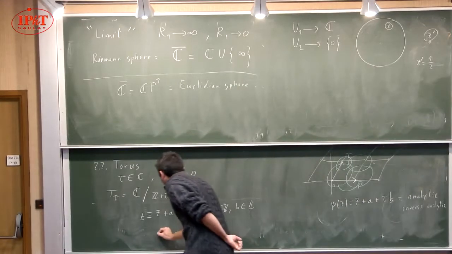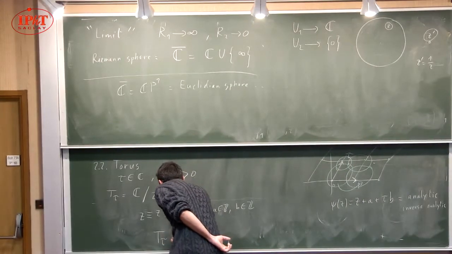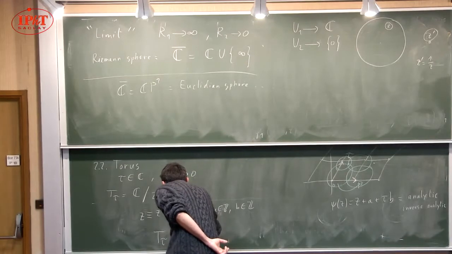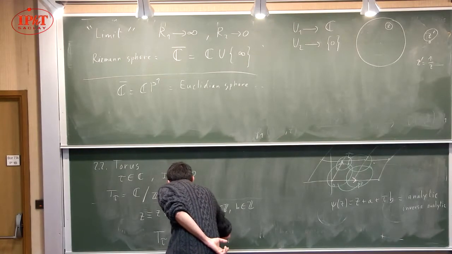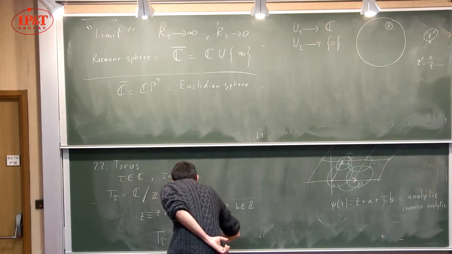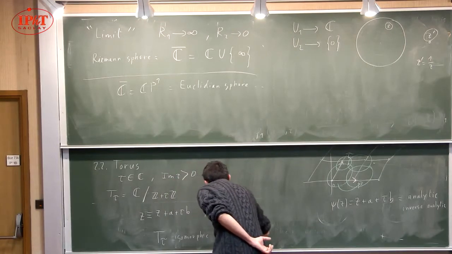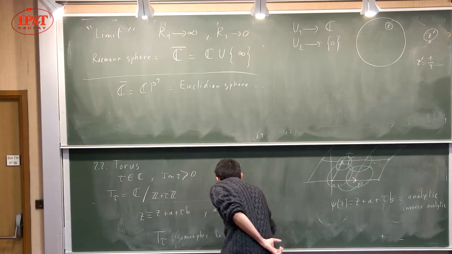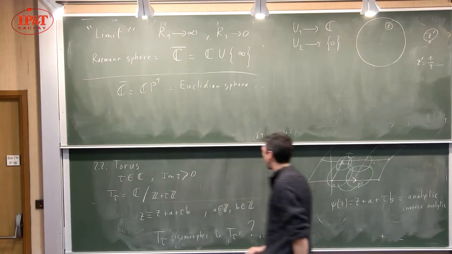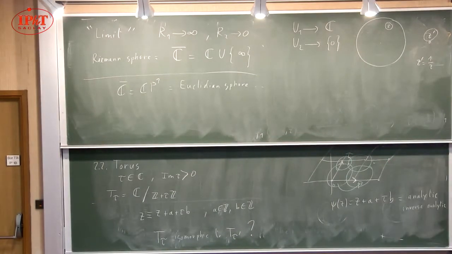So basically, the question you can ask is under what condition tau is isomorphic to tau prime. We will answer that question much later in chapter 5. So what are the equivalence classes of tau? What are the different complex structures that you can put on just a topological torus?